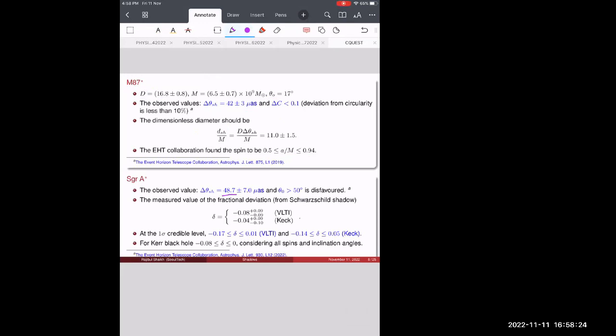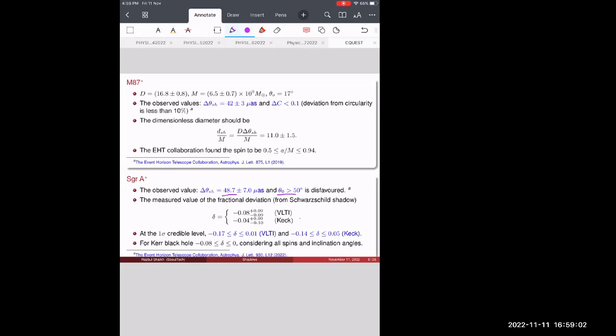Unlike M87, they have not provided any single value for the inclination angle, but they have said that an inclination greater than 50 degrees is disfavored. So in our talk, we'll focus on inclination angles below 50 degrees. Also for Sagittarius A star, they have not provided any range for the spin, so we'll be considering all possible values of the spin.